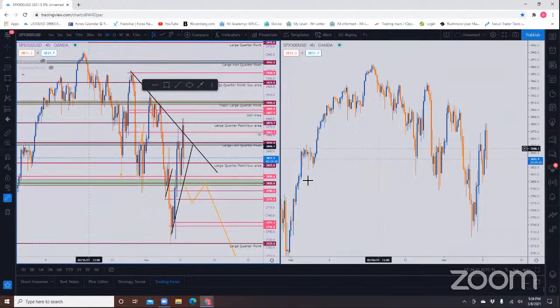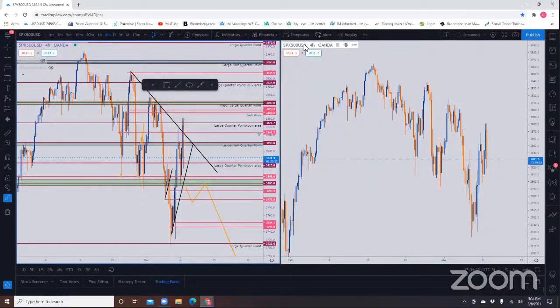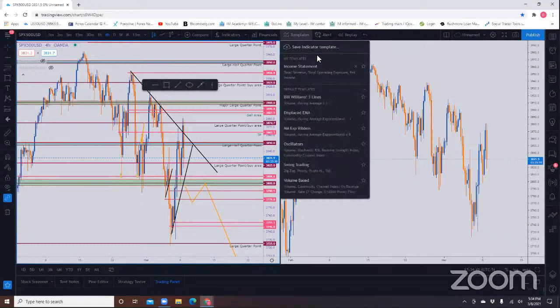No problem. Can you save it with a different template? Well, you can do templates. You can do a template, but I think you can only do an indicator template and not... let's try it and see. Let's try it.